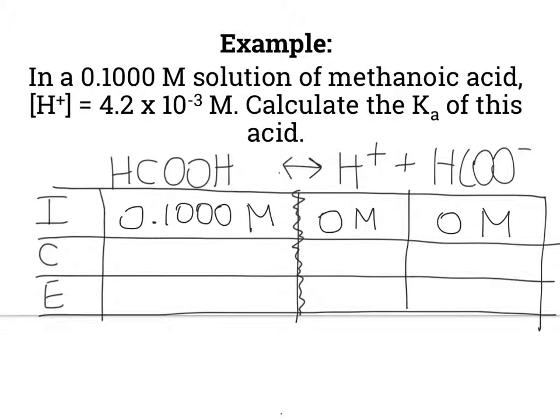Okay? We're not really sure how much things are changing by. So, classic minus x, and plus x. Now, you may not have quite understood this, but this is saying that in this acid, when it hits equilibrium, this is our hydrogen concentration. Which means that goes right down here.